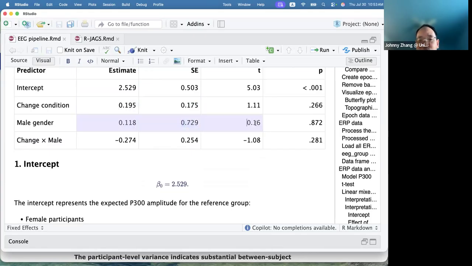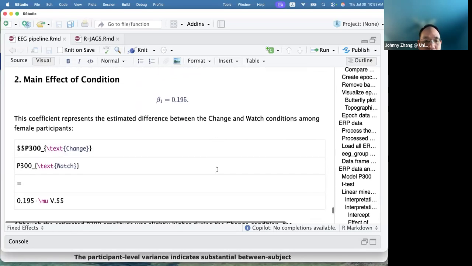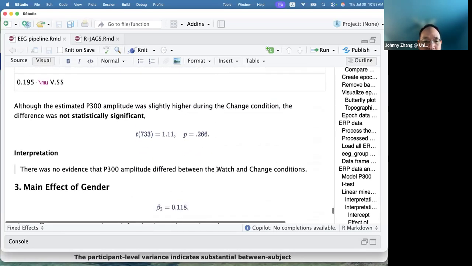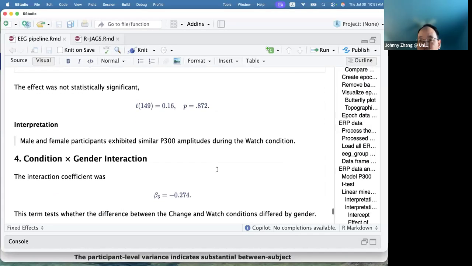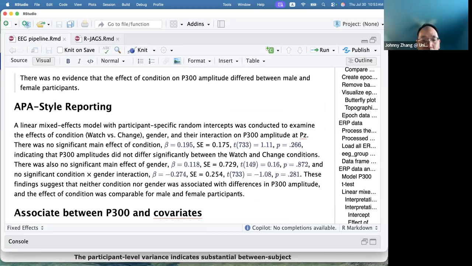We also didn't find a difference between male and female participants. The interaction is also insignificant. And if you want to report the results, you can use something like this.